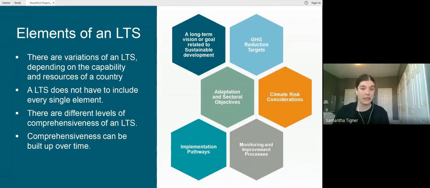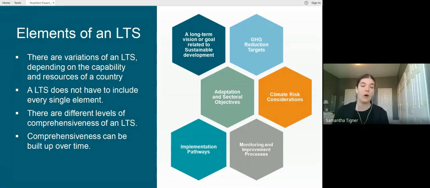And lastly, and importantly, related to the implementation pathways, so you've tracked out how exactly you're going to achieve these objectives, associated with that are monitoring and improvement processes. So not only do you need specific methods to achieve these goals, but you also need to insert some strategies to record the progress and ensure that benchmarks are being met and you're able to report out on the progress that you've made towards these objectives.